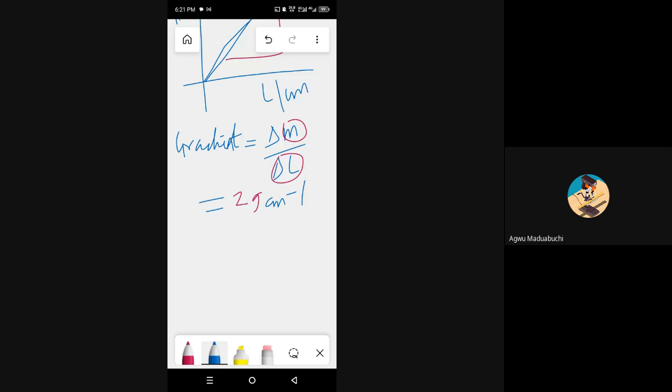Gram per kilogram. So we convert from gram per centimeter to kilogram per meter. Shall I say it again? No, sir. Okay. Good.